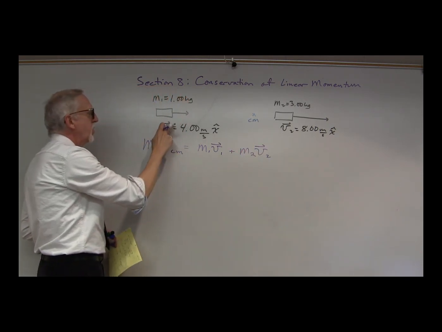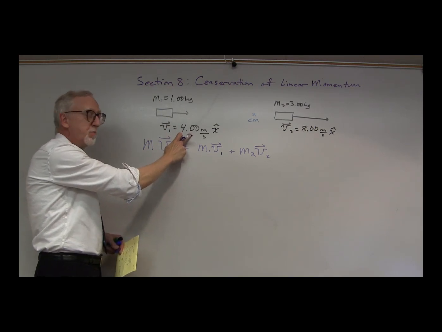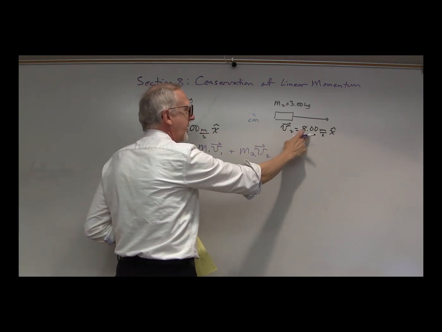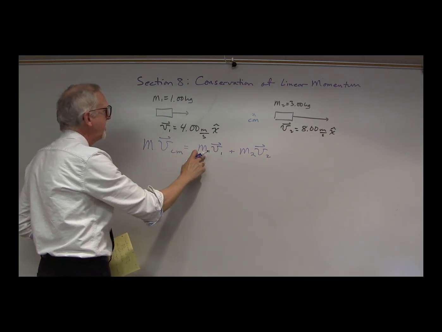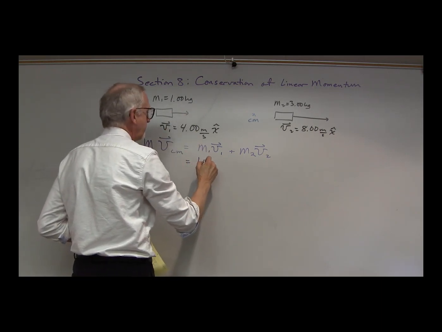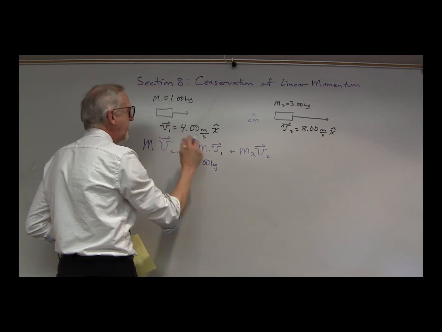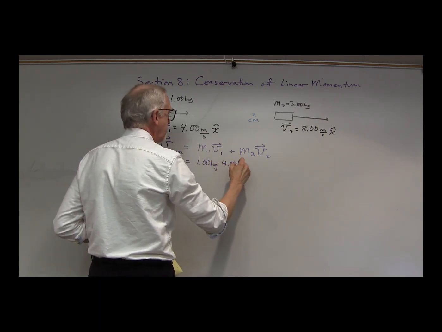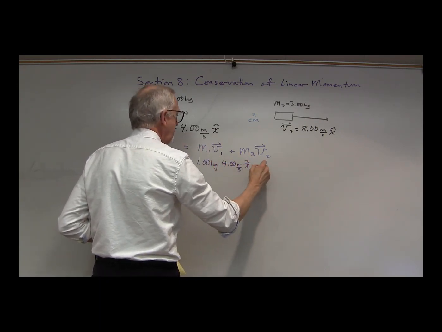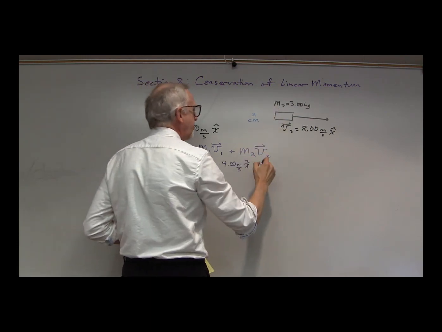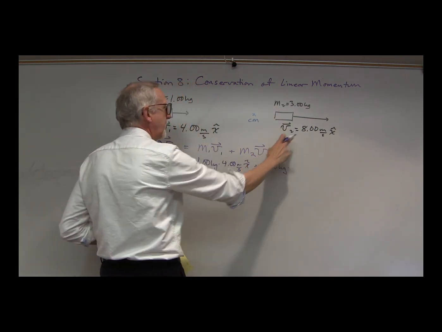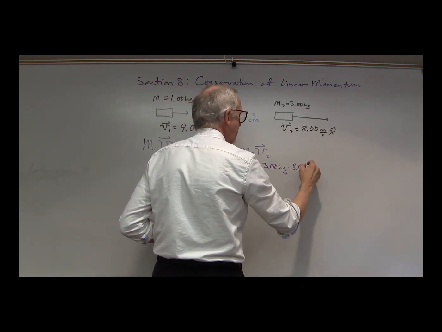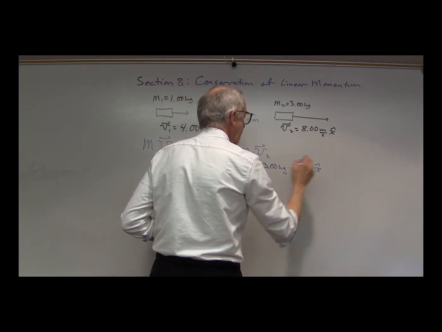Let's imagine m1 is moving to the right at 4 meters per second, and m2 is moving to the right at 8 meters per second. So what do we get here? We get m1 is 1 kilogram times v1, 4 meters per second, x hat, plus m2, which is 3 kilograms, times v2, which is 8 meters per second, x hat.